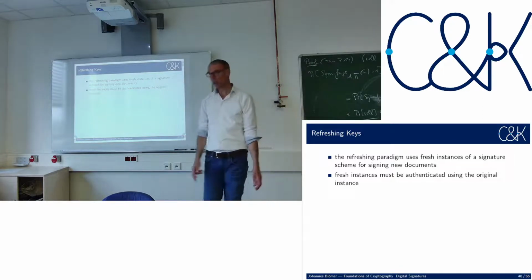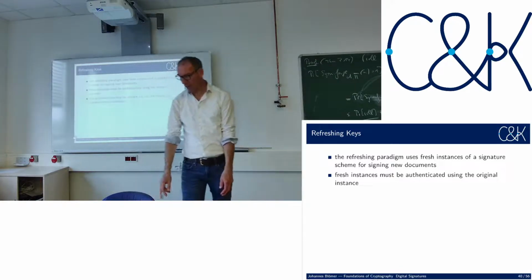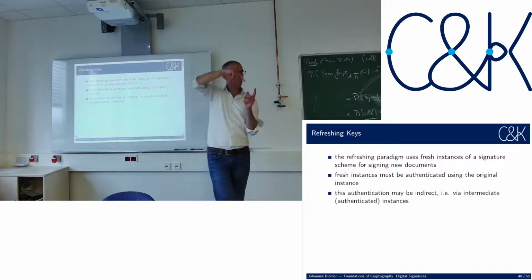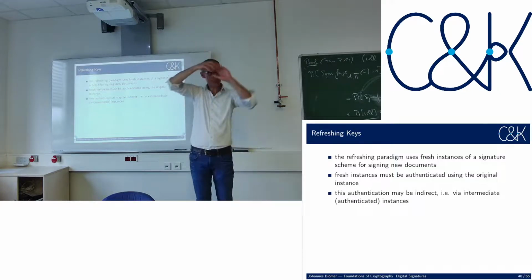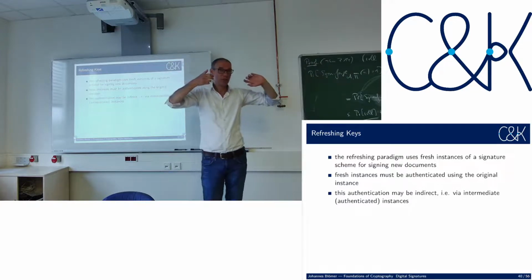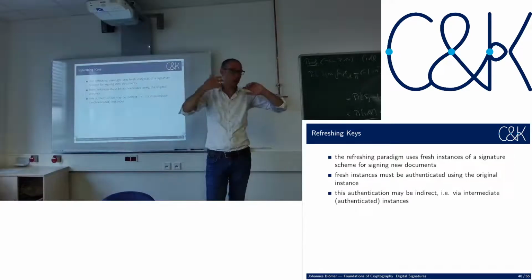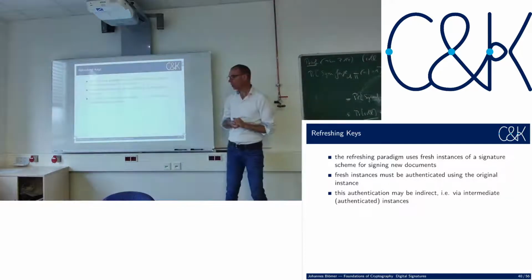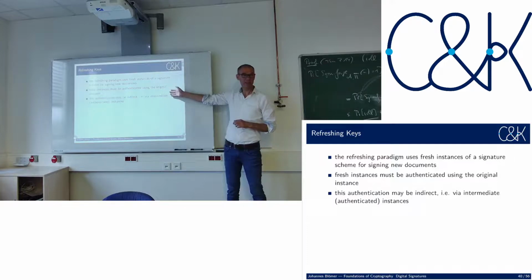And this authentication may actually be indirect. So there will be a kind of chain or some connection of the new keys to the original secret key, public key pair. Actually, this way of authenticating keys is the technique that we also use for certificates.